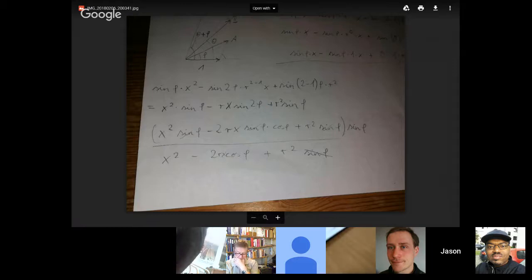That's pretty similar, but we always have something with sine phi. Then I thought, if I can somehow transform the term sine 2 phi, so that I can, if you can put up the second picture.